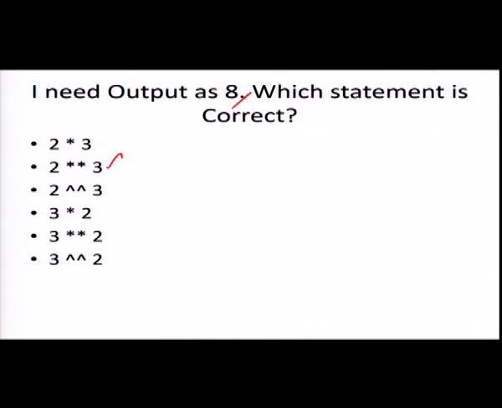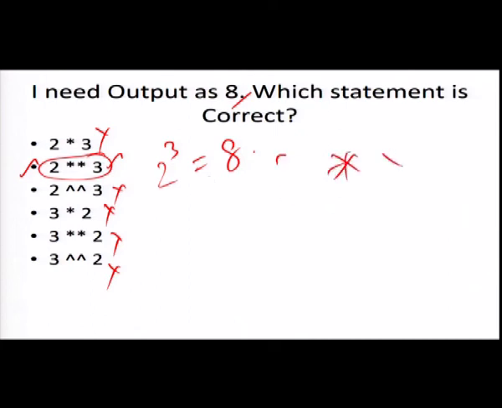In Python, we write it as 2 star star 3, which denotes 2 power 3. What is 2 cube? 2 cube is 8. So we get the result as 8. So this is the correct answer and all other things are wrong answers. Only 2 star star 3 is the correct answer.